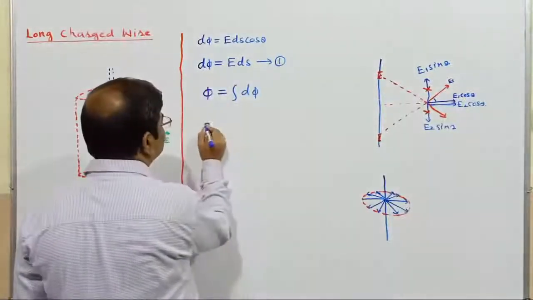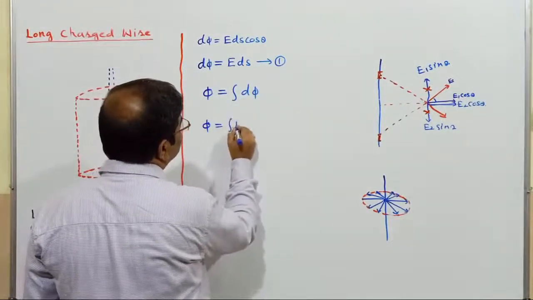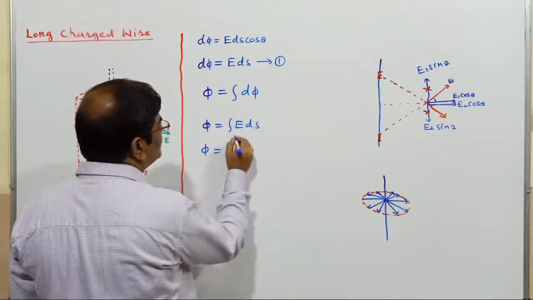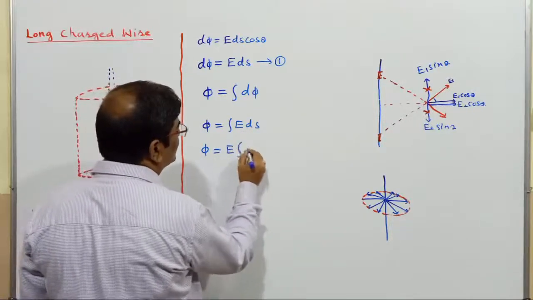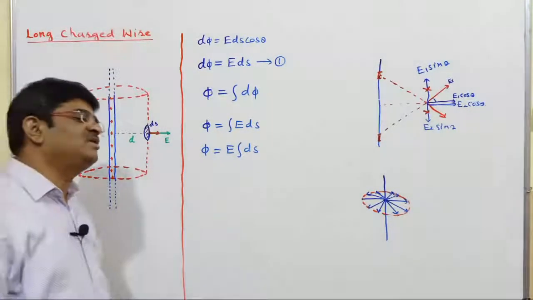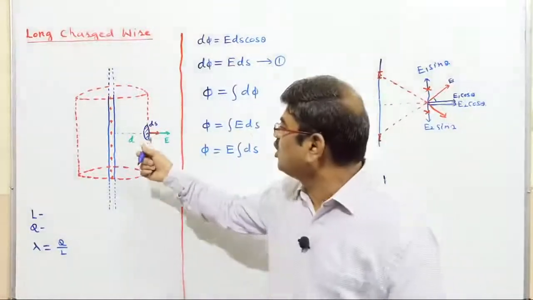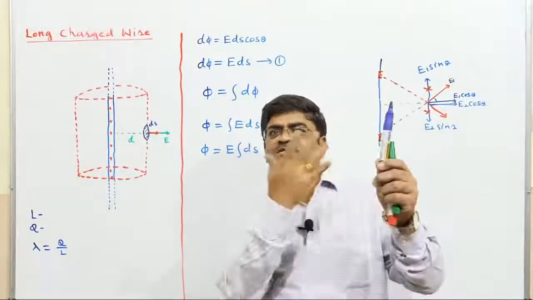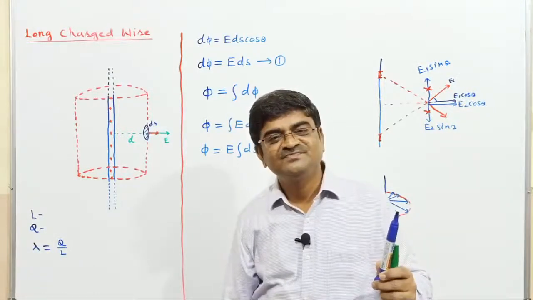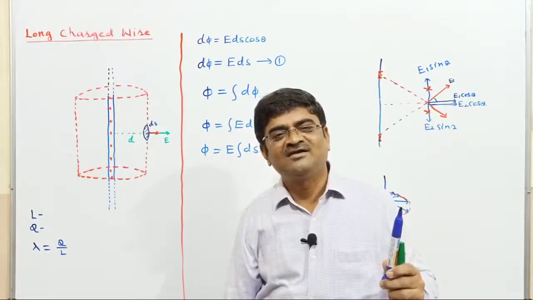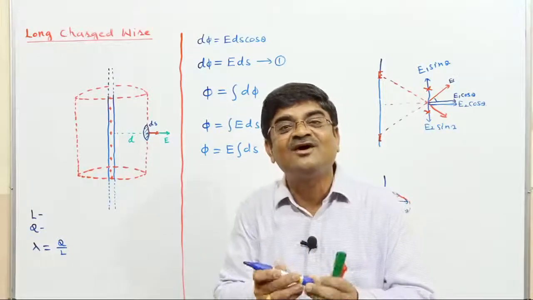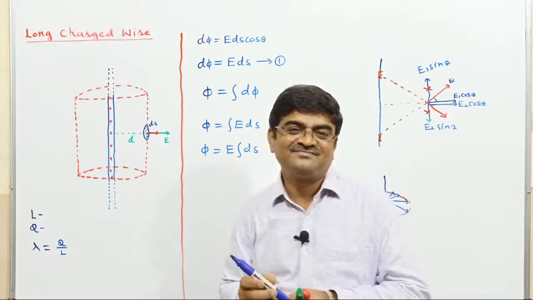With simple mathematical steps, which I had done yesterday also, the magnitude being the same everywhere, I can take it common. What is left in the integration is the summation of dS. All such small patches of that curved surface I ask you to add, and if you do that, what you get is the curved surface area of the cylinder.